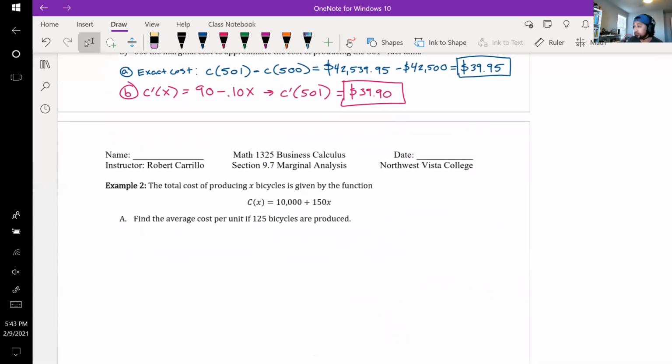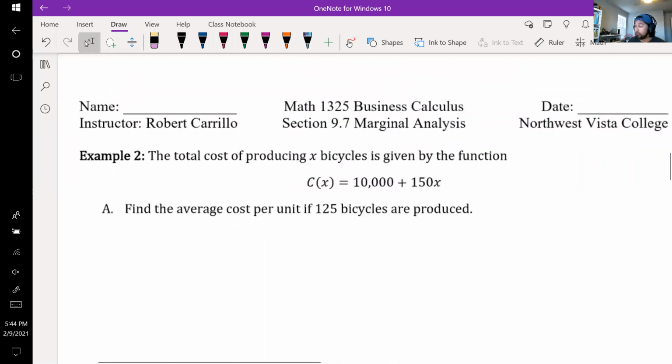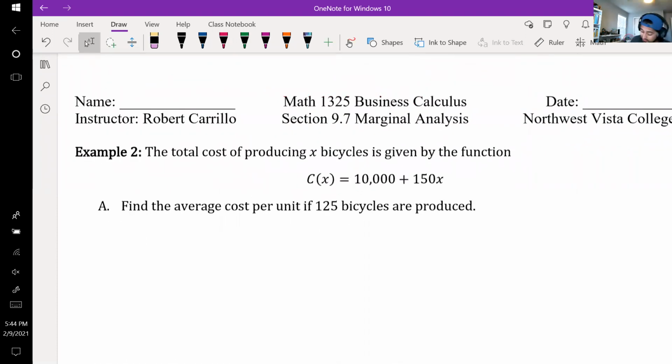So now for number 2, the total cost of producing X bicycles is given by the function C of X equals 10,000 plus 150X. Find the average cost per unit if 125 bicycles are produced. All right, so now we're finding average cost. So this brings you back to your 1324 days, right?